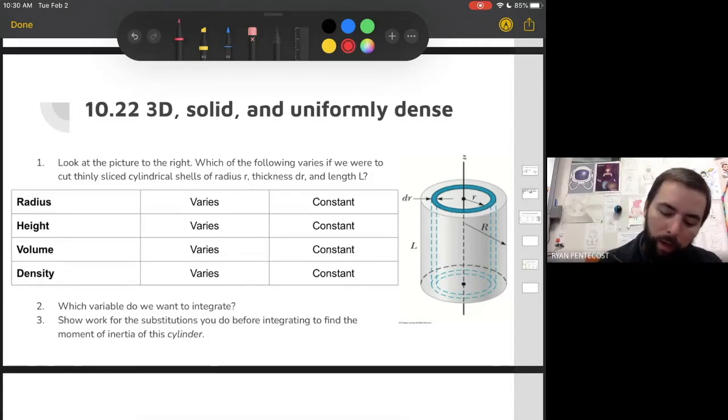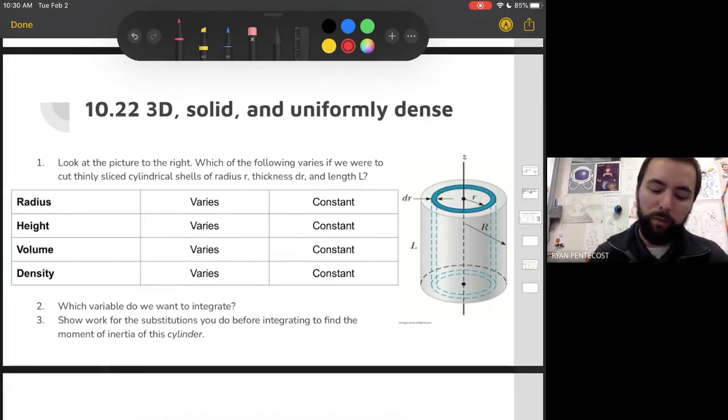So as we cut these thinly sliced cylindrical shells, we're kind of imagining integrating, right? To integrate, you imagine that you are making these small segmented pieces and you're going to sum that up.